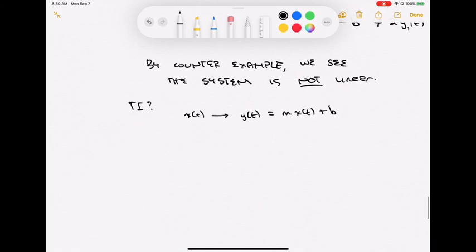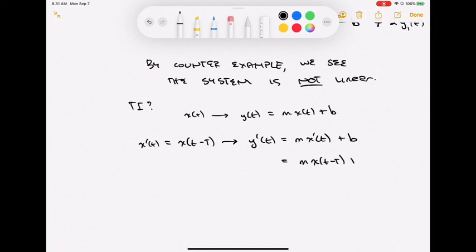I'm going to now create a new input, x prime of t, being equal to x of t minus capital T, and I'm feeding that into the system. It's going to generate an output y prime of t as being equal to what? This is going to be my m times x prime of t plus b, which is equal to m x of t minus capital T plus b, which is y of t minus capital T.